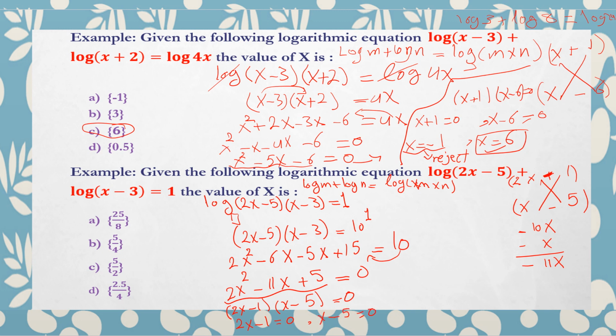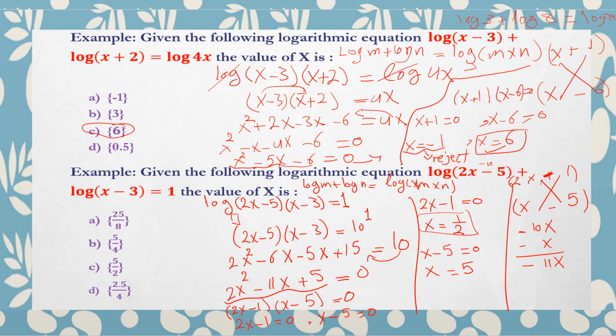So 2x minus 1 equals 0, so x equals half, and x minus 5 equals 0, so x equals 5. Let's substitute the values, and here first by using half. So 2 times half gives 1, so 1 minus 5 means minus 4, so there is no logarithm for negative numbers, so this is not defined.